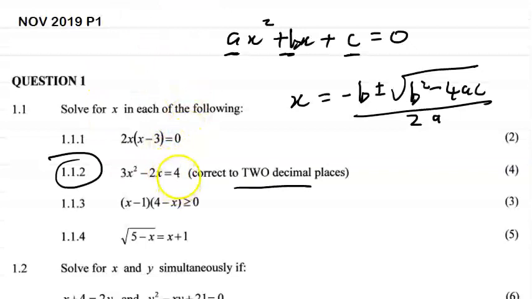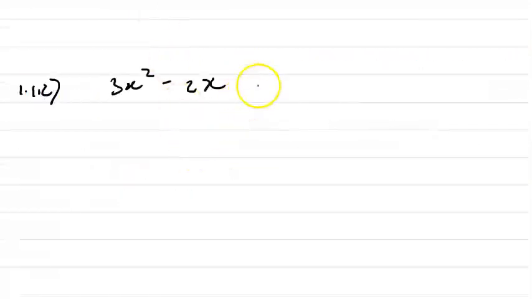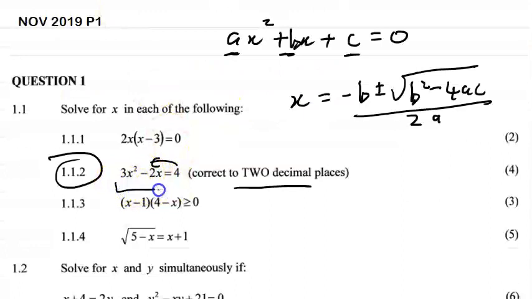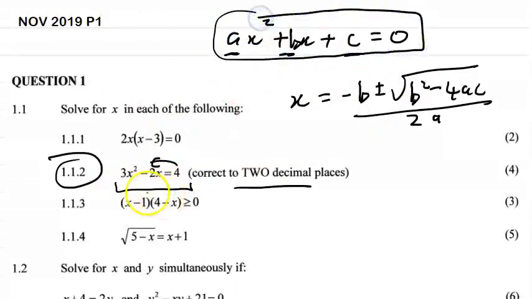So we'll write down 3x squared minus 2x. Now our first step will be to move this 4 over to the left hand side, so it will become minus 4. Minus 4 equals 0. So therefore, as you can see now, you have written it in the standard form, which is 3x squared minus 2x minus 4 equals 0.